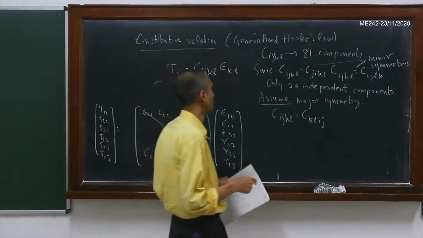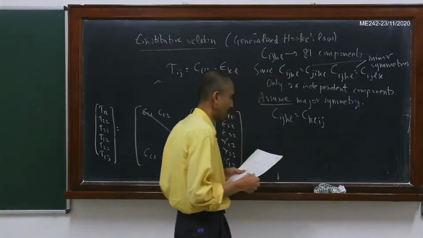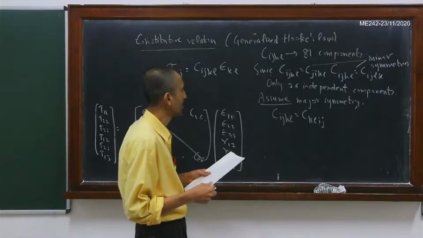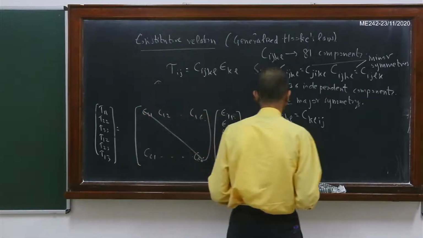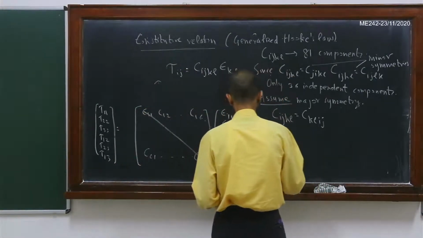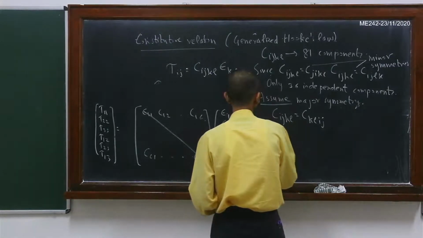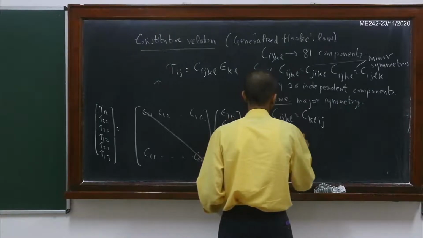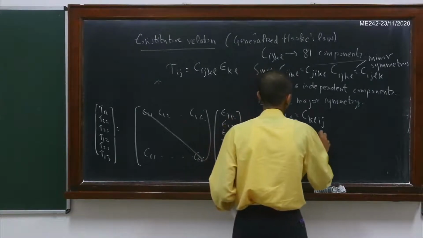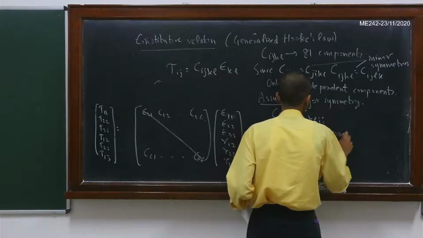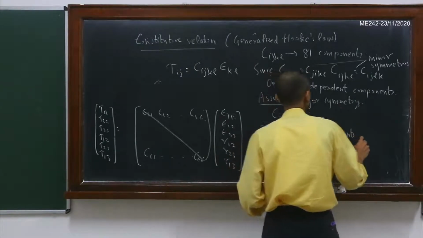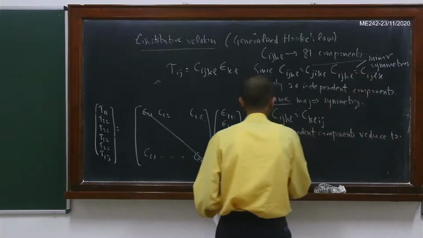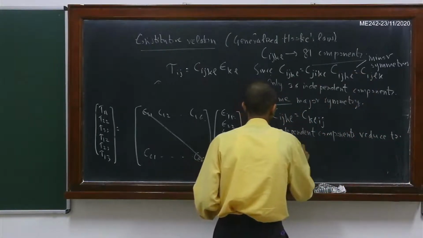So because we are assuming this major symmetry, the 36 independent components are reduced to 21 independent components.